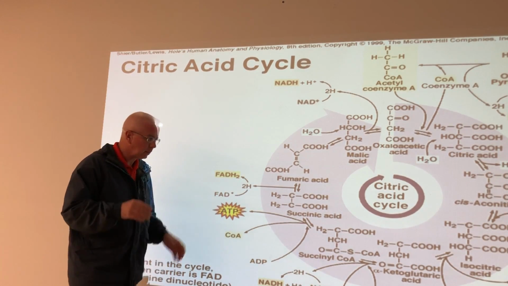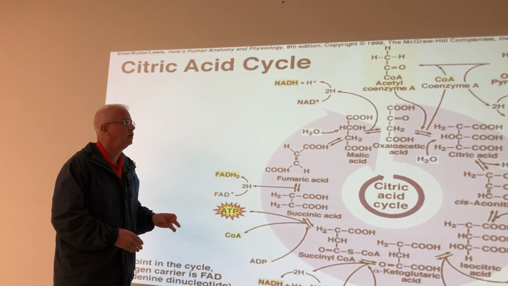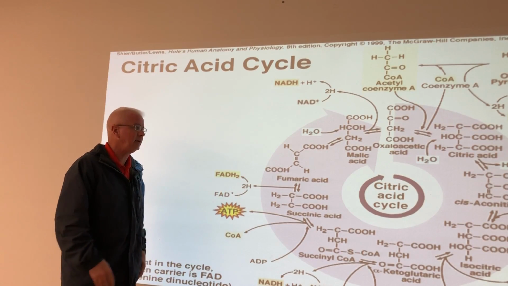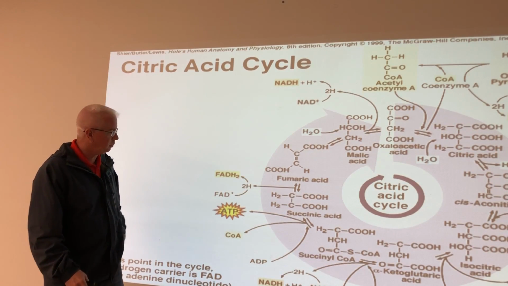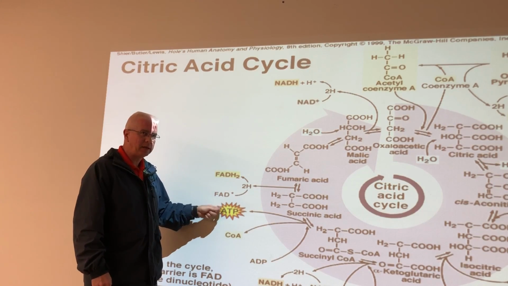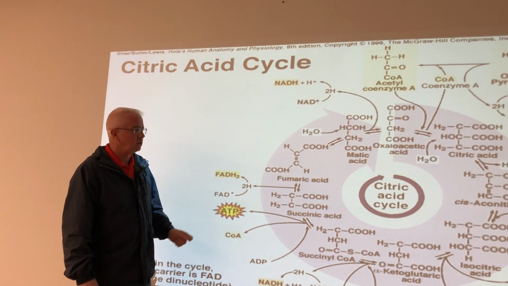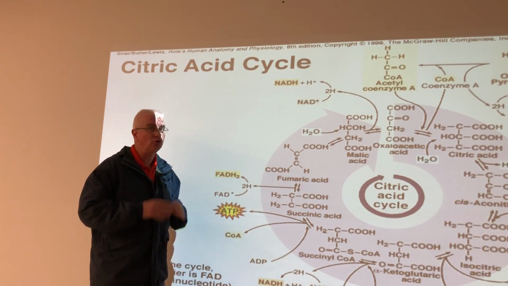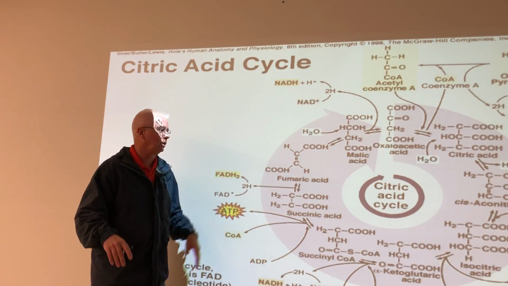Okay, so NADH and FADH2, these are the major products: 3 NADHs and 1 FADH2. Now, the only other product to point out besides the energy made is one ATP made here. So with 1 glucose, you get 2 ATPs out of the citric acid cycle. You do not have enough energy to do anything.